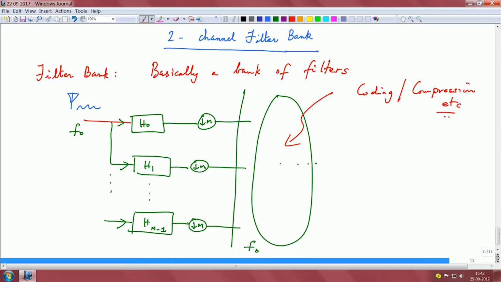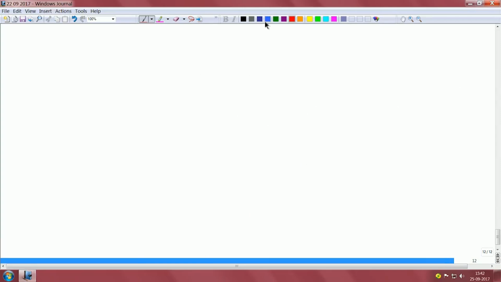So with this objective in mind, let us start off with a simple version of a 2 channel filter bank. We start with a discrete time signal x of n.